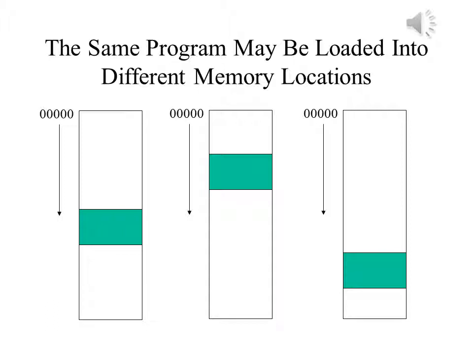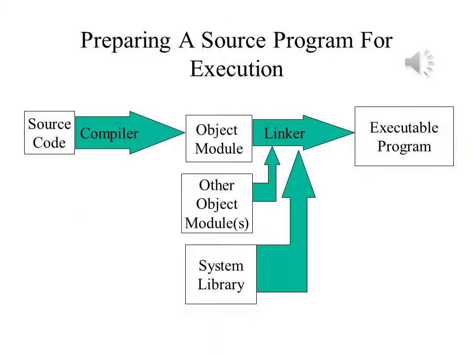In either case, if the program is not loaded into the same area of memory, then references to physical addresses would be incorrect. What we need is to devise some way of representing addresses that will be valid even if the program is loaded into different areas of memory each time it is used.